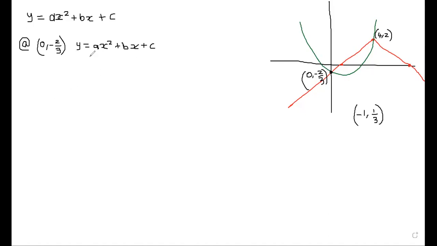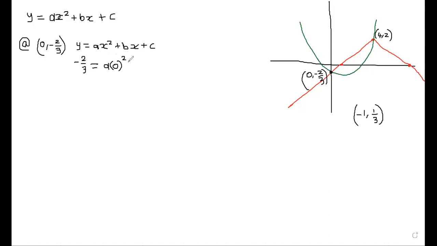Right. So we know that y and x are these points here where y is -2/3. We don't know a, but we know x is 0.